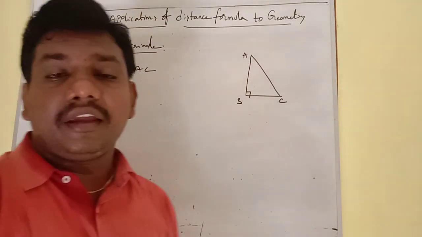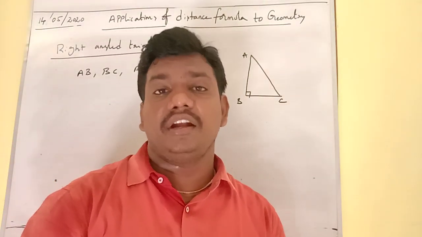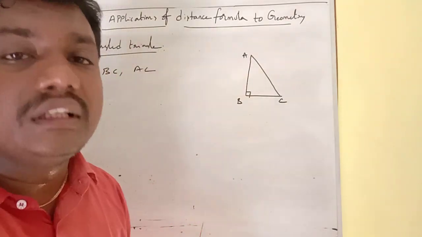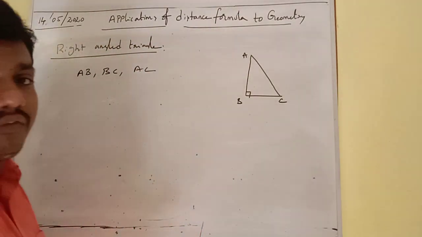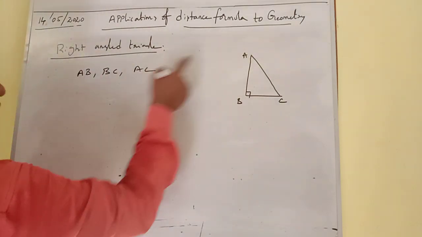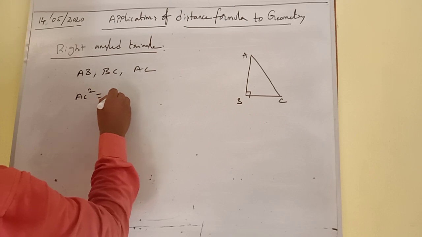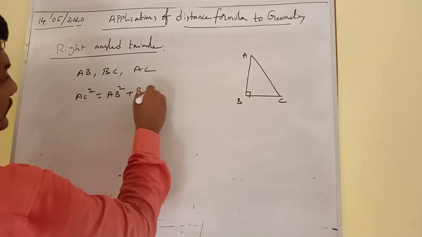The square of any distance is equal to the sum of the squares of the other two distances. If AC is the hypotenuse, then AC square is equal to AB square plus BC square.